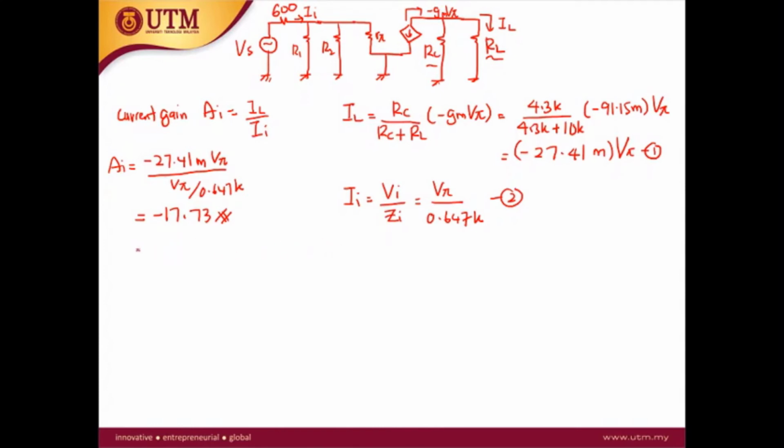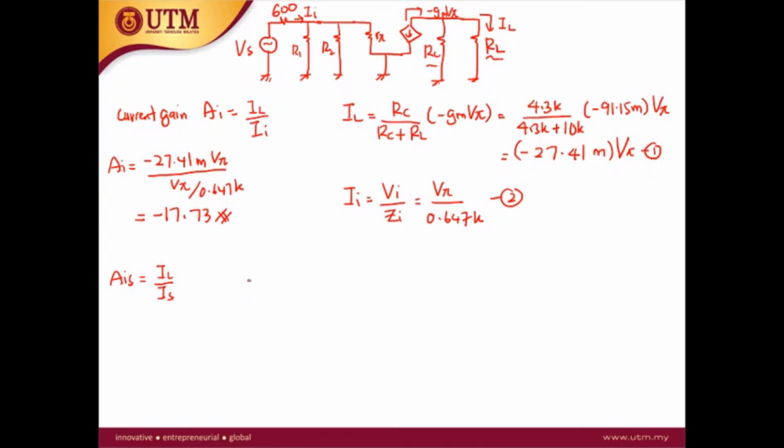Okay. How about another current gain? We call it AIS. If you want to calculate AIS, you need to change the voltage source Vs here into the current source, because AIS is equal to IL over IS. In this mid-band equivalent circuit there is no IS, so you need to change it.